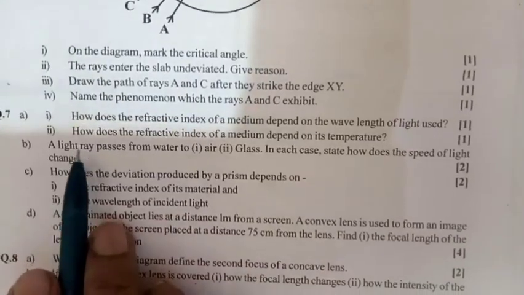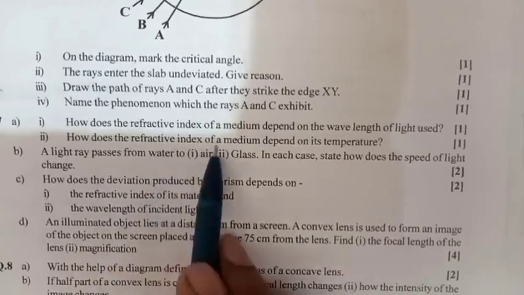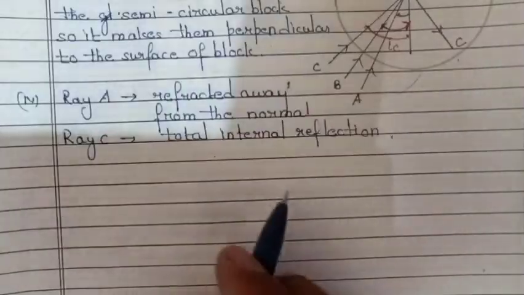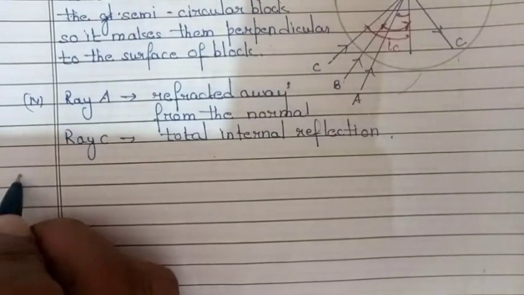Question number 7 says, how does the refractive index of a medium depend on the wavelength, and how does the refractive index depend upon the temperature of the medium? So let's write the answer for this.